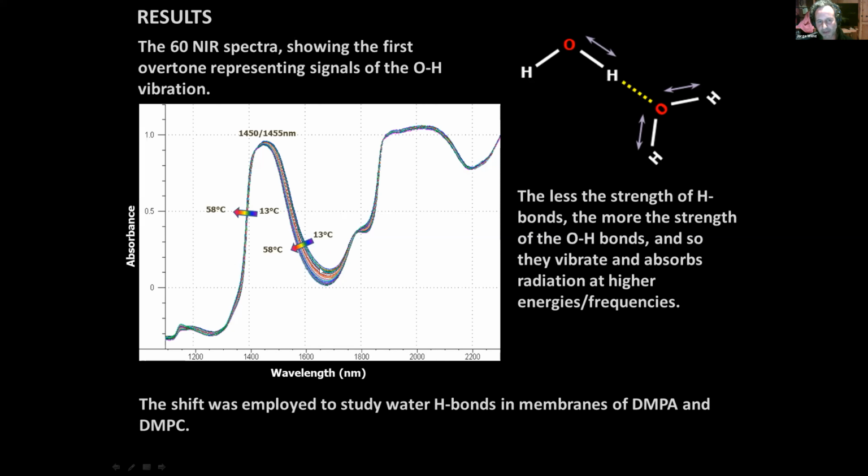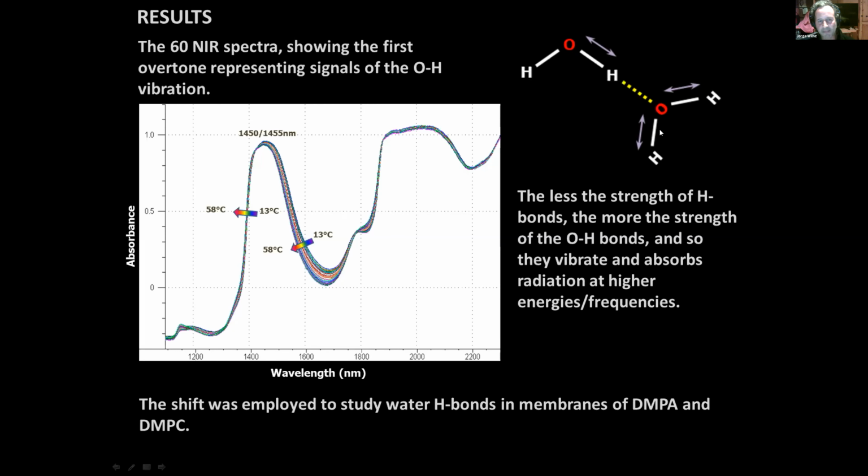This is what I'm trying to study, using, as we all know, the first overtone of water, which is around 1,400 nanometers of wavelength.